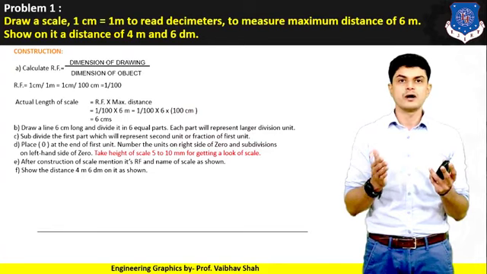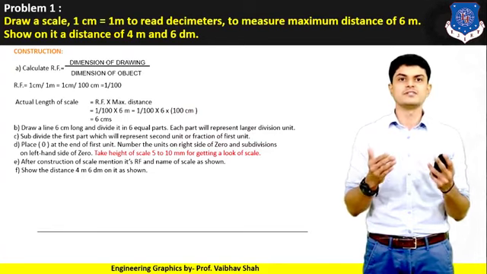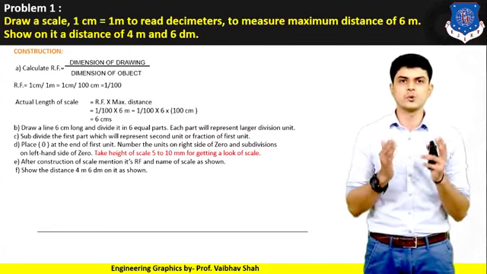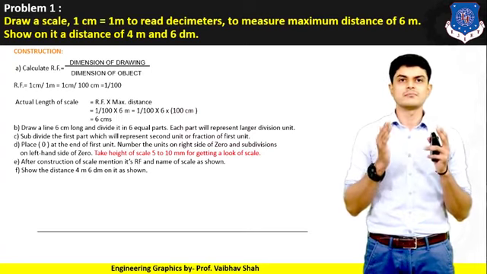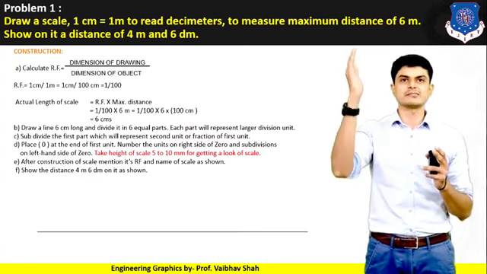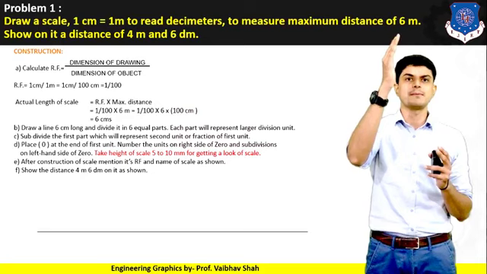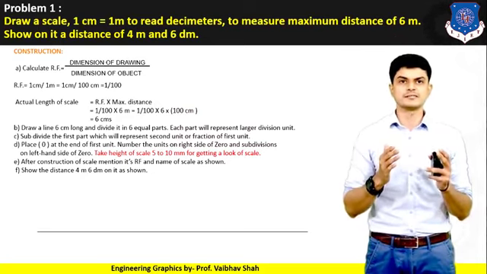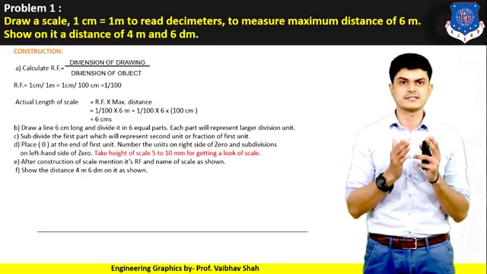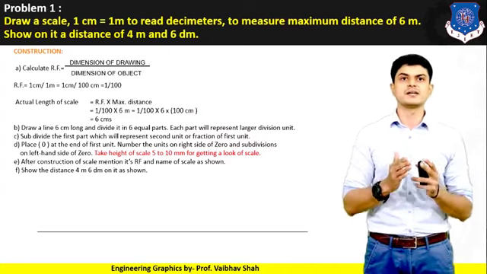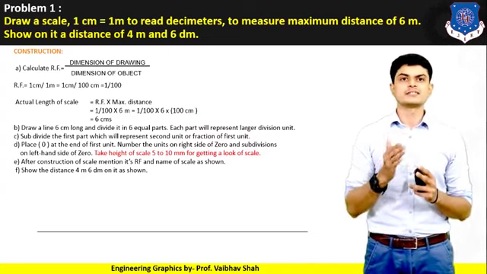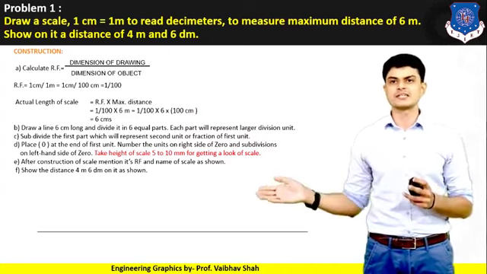But how did you decide how many divisions? It solely depends on your maximum length to be measured. Here the maximum length to be measured is 6 meters, so our significant digit is 6. We must divide this line into 6 parts. So let us divide this line into 6 parts now.